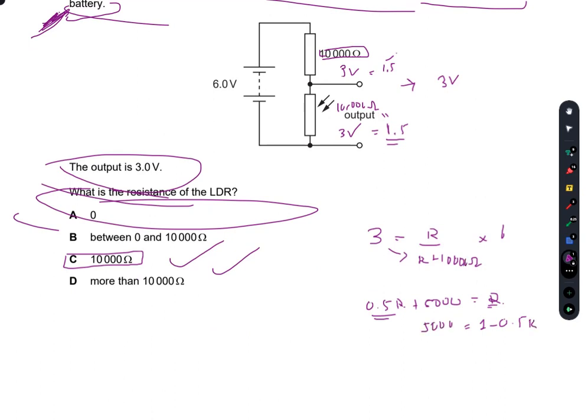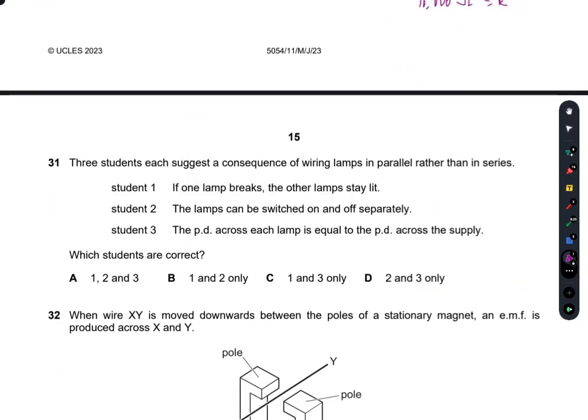So 0.5 R is equal to 5,000. So the resistance here is exactly 10,000 ohms as I had said earlier. So C is the right option.